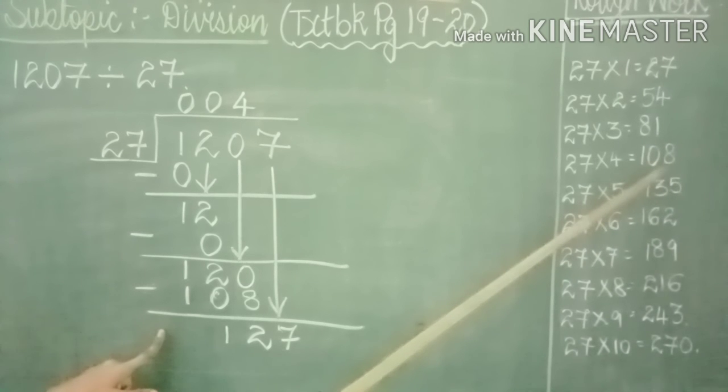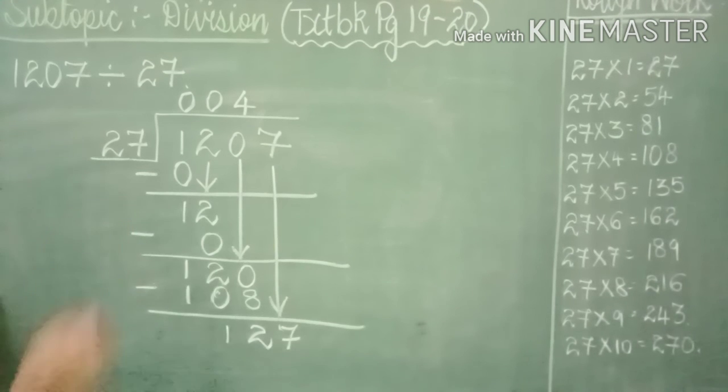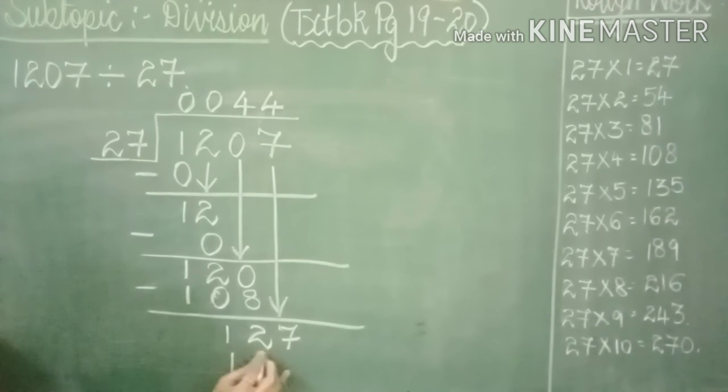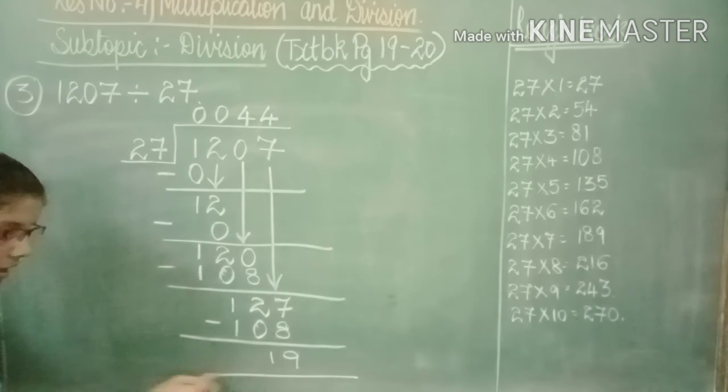We are going to write 27 fours is 108. So again we write in the question 27 fours is 108. So we get 127 minus 108. The answer will come as 19.